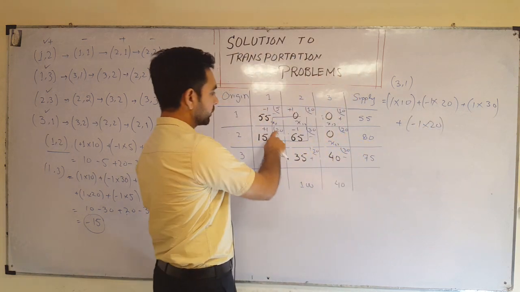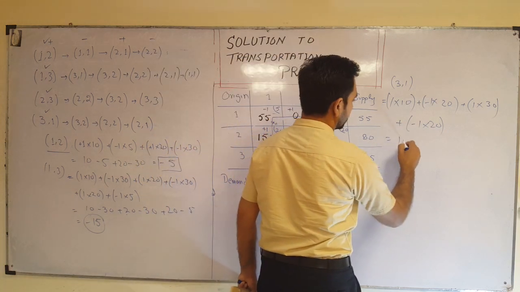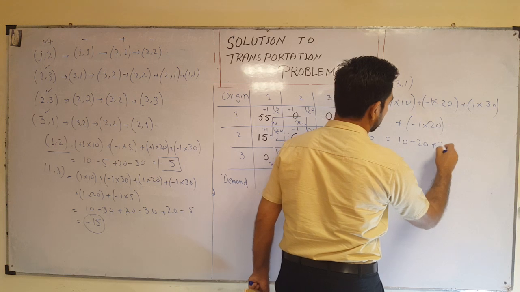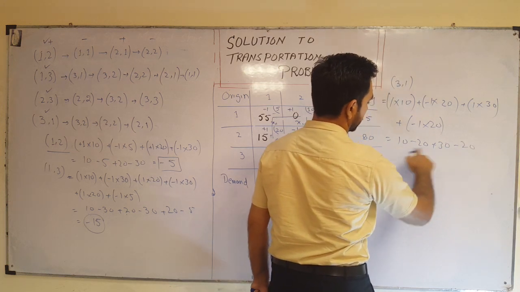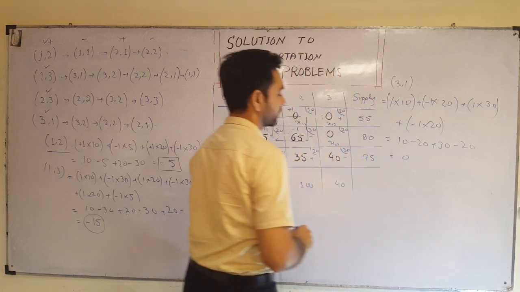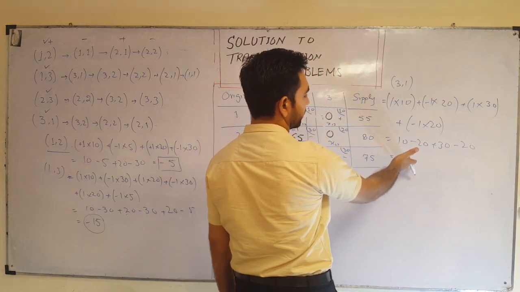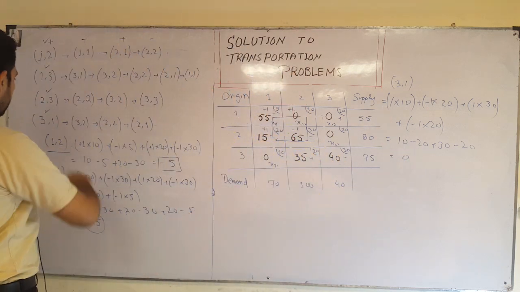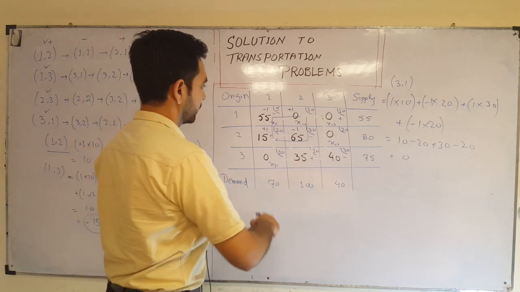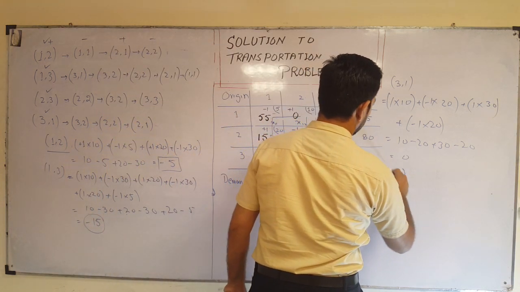You have to multiply it with the costs, not with these values. So that gives you 10 minus 20 plus 30 minus 20. So minus 40 and plus 40 gives you 0. It means there is no improvement. 0 means no improvement. And the last one is this one, which is 2, 3.